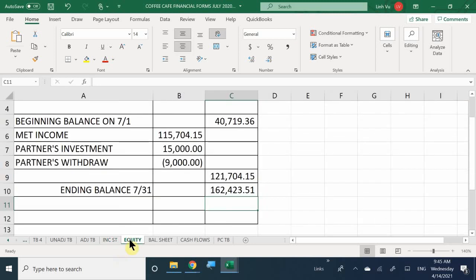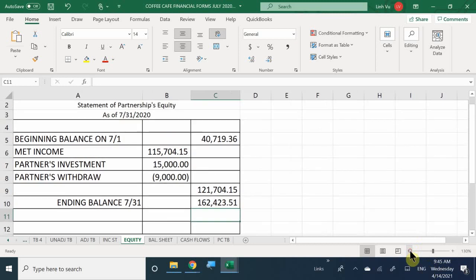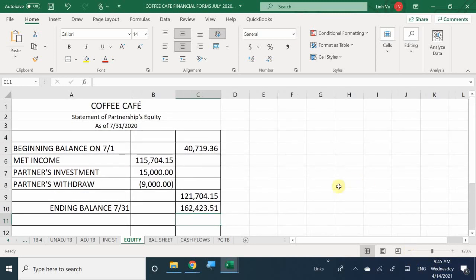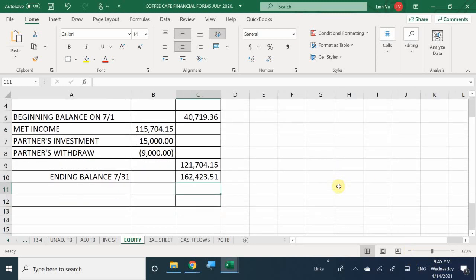Okay? Then the next one is going to be your equity. In most cases, most businesses are going to reinvest into the company. So you're going to start with your beginning balance. If you are investing your profits back in there, boom.